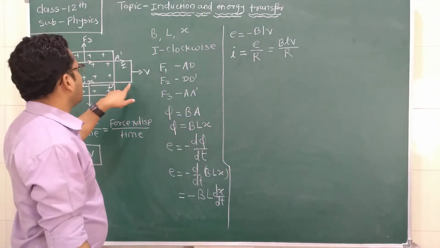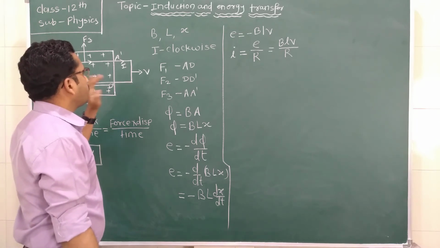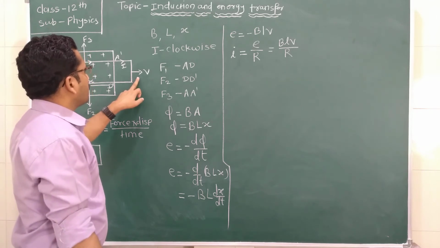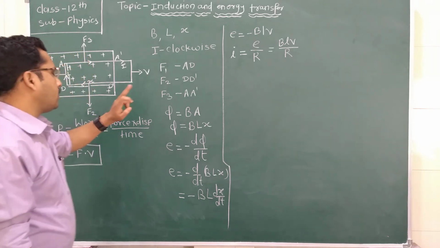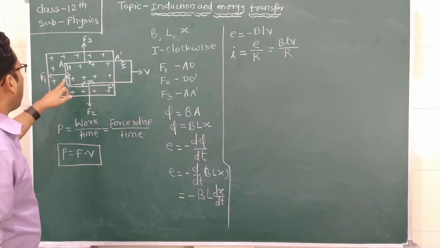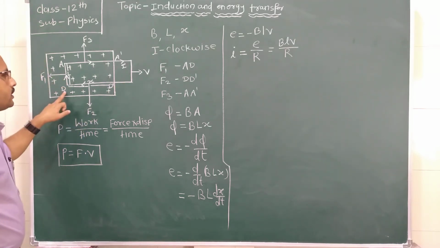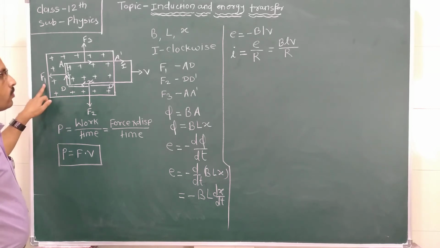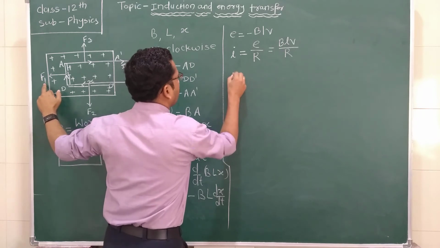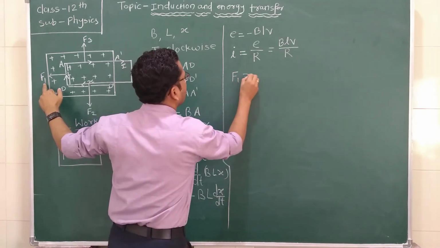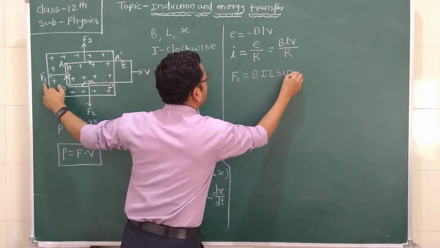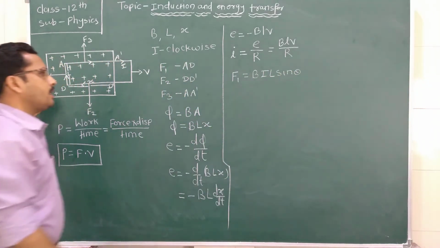Now this loop is moving with a velocity v, and to keep it moving with a constant velocity v, we need an equal amount of force acting on this face AD, which is F1. The force F1 is equal to BIL sine theta.